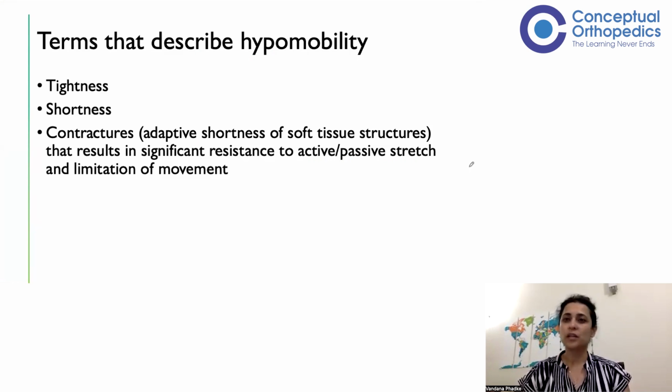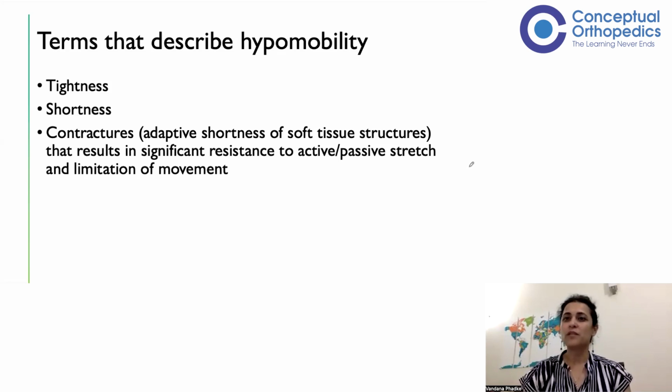What we think of as a contracture is an adaptive shortness of soft tissue structures, if it's a muscle, which results in a significant resistance to either active or passive stretch. So if you try to move the joint, you should feel resistance to movement, and that is the contracture.